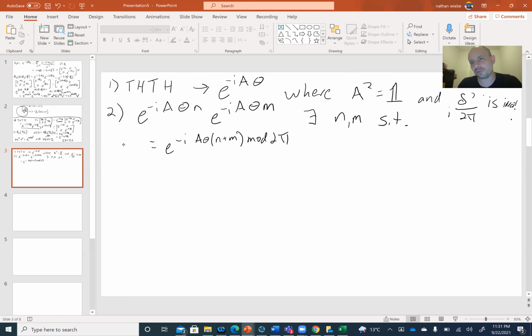The reason I put mod 2 pi in there is that, because this A squares to identity, this is equivalent to a rotation operation, as we'll see. And thus the angle, we only care about modulo 2 pi. The idea is that these two phases combine together to form a net rotation angle. What we want is to spin around in such a way that we generate from these two rotations a small rotation angle about this A axis, or about this A matrix.